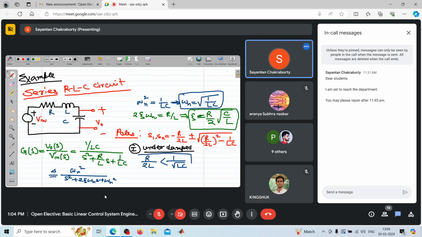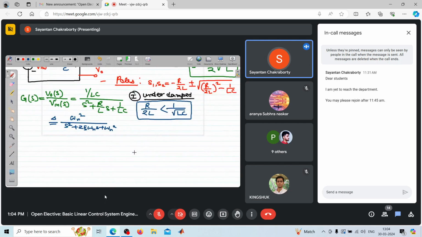When it follows the condition, then the roots will be at minus R by 2L plus or minus j root over 1 by LC minus R by 2L square. So this is the underdamped scenario.